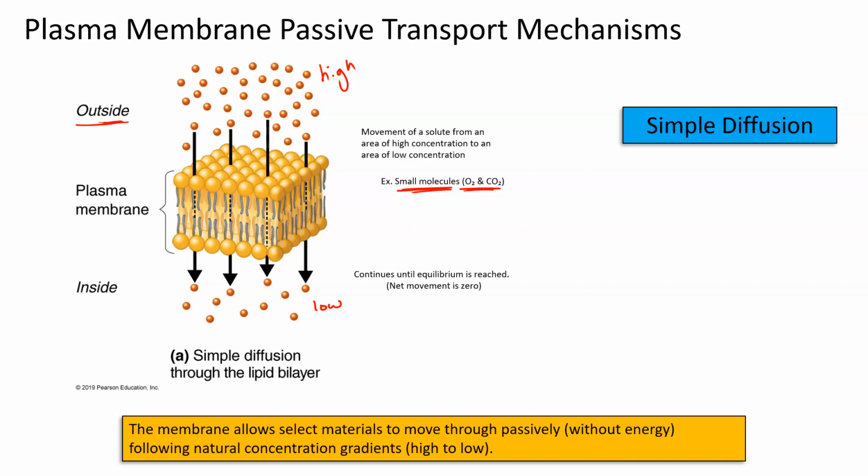The solutes will naturally flow through the membrane down their concentration gradient from high to low without the use of energy. And it will continue to move until the net movement is zero. At that point, equilibrium is reached, and what that means is you have equal concentrations on both sides.